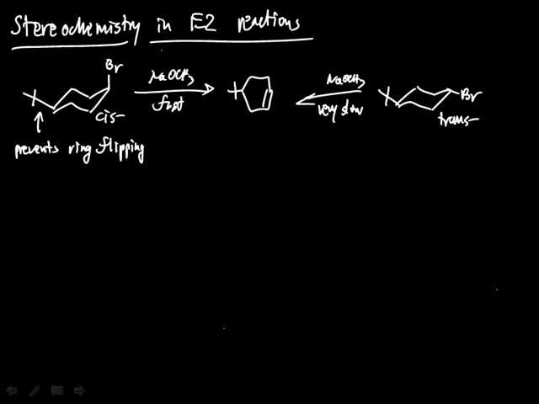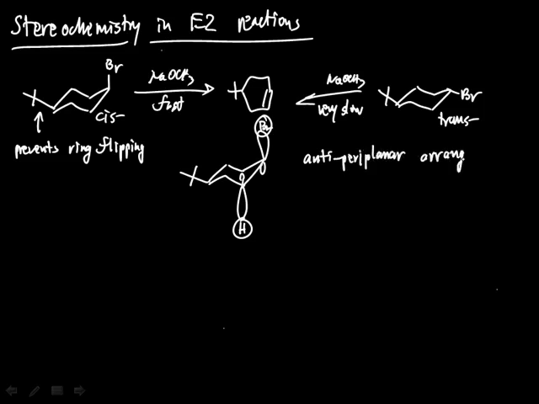Why is this? The answer lies in the orbital arrangement of the groups involved in the E2 reaction right before departure. Our cis material has this so-called anti-periplanar arrangement between the bromide C-Br bond and the C-H bond.